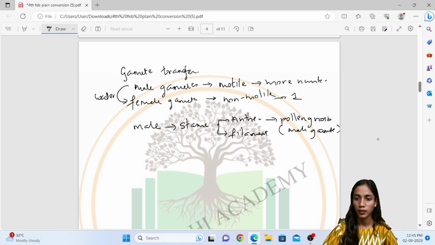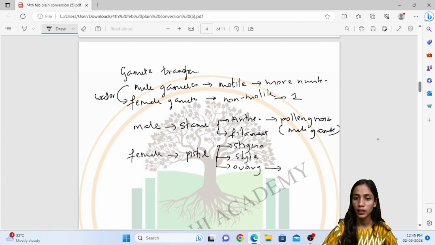In the female, it is the pistil, which has the stigma, the style and the ovary.